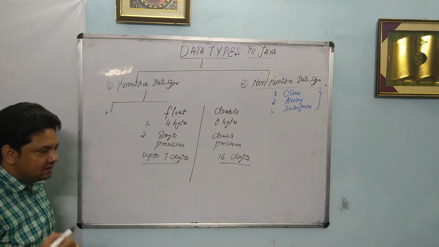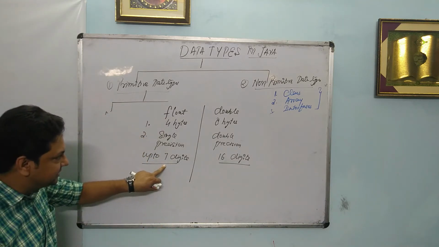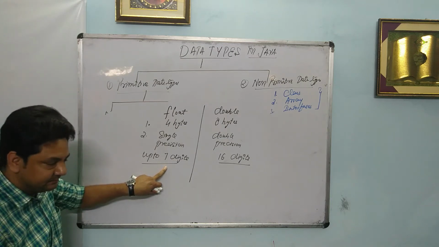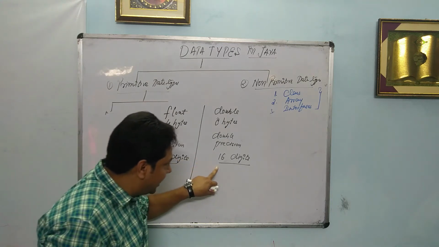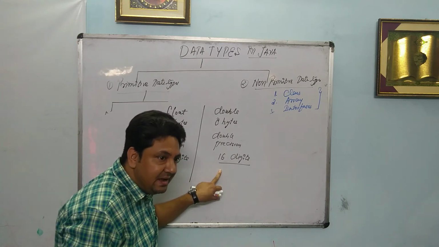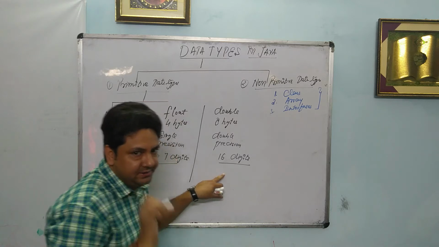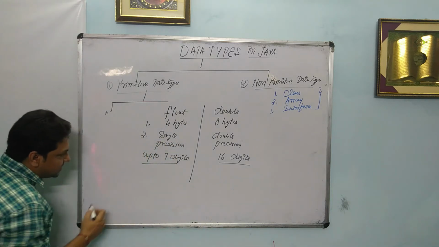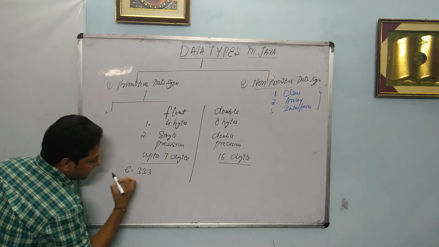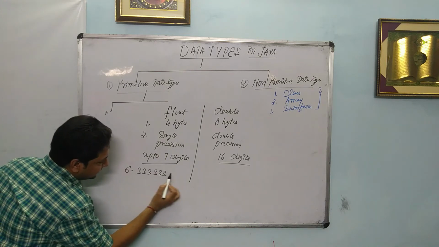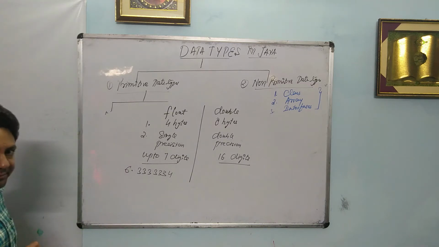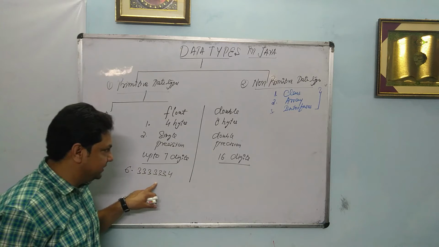It means that in float, till 7 digits after the decimal the result will be generated. In double, 16 digits after the decimal will be considered in the result. For example, 6.333, that's it. This is the maximum capacity of float.